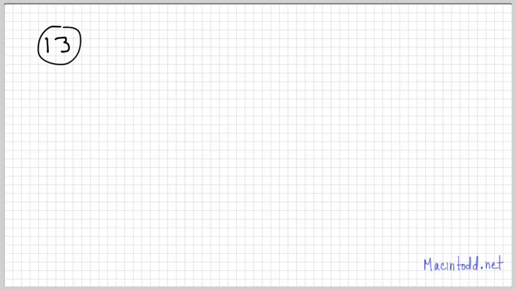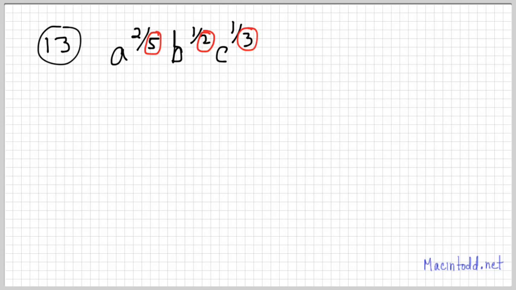Problem 13, same deal. Rewrite this as a single radical. Now you'll notice in this problem, this 5 means 5th root, 2 means square root, 3 means cube root, but I want a single radical, so what I have to do is get them all so they have the same denominator. I'm going to go for 30, I think, is the least common multiple of 5, 2, and 3.